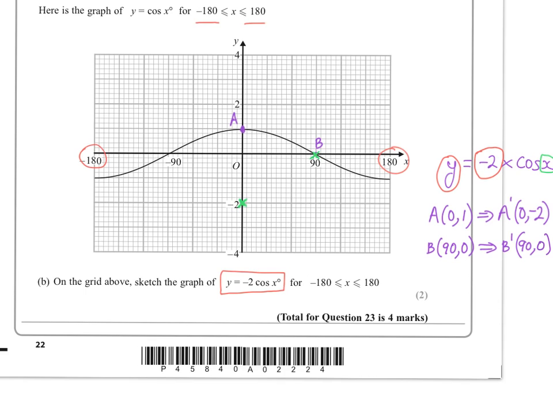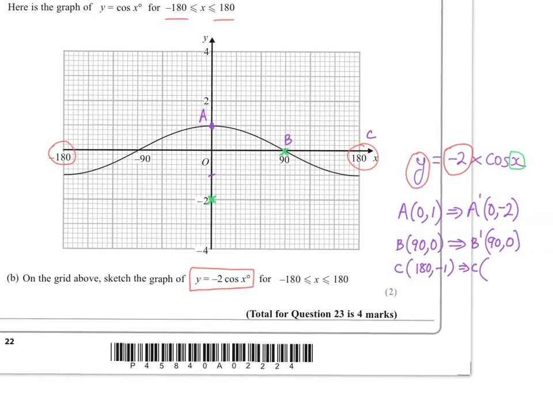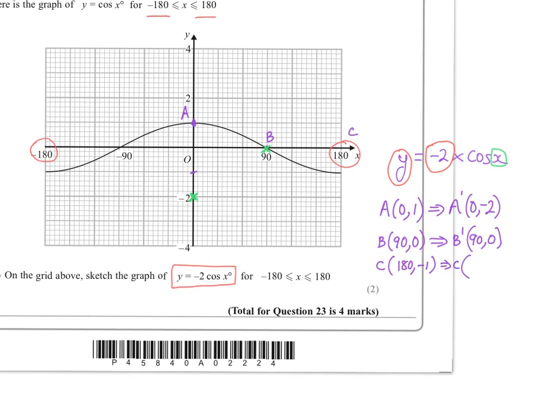And then this one, you've probably got the idea now anyway, so 180, and don't forget this is minus 1 here, that would go to, let me get some more space, x stays the same. Now, -1 times -2 is 2. So (180, -1) would go to (180, 2), which is here.